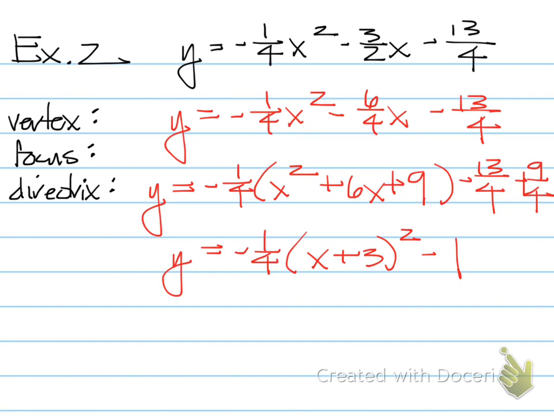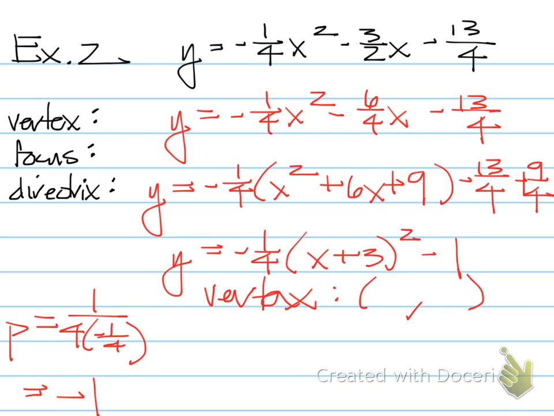We can see the coordinate of the vertex is -3, -1. And again, the x is what's squared, so that lets us know the parabola opens vertically. P is going to be 1 over 4 times A. A is -1/4. So that's going to give us a P of -1. So the vertex, again, is the coordinate -3, -1.